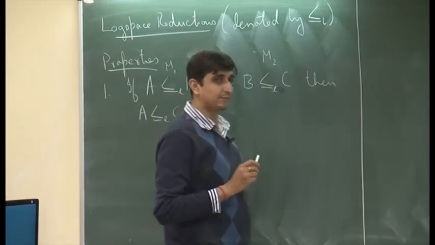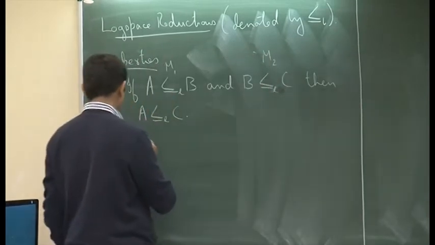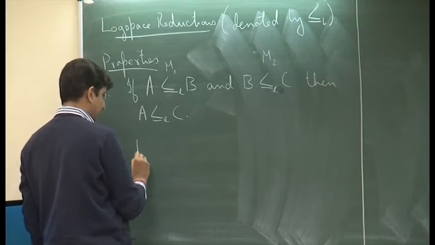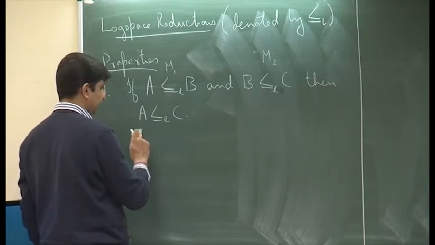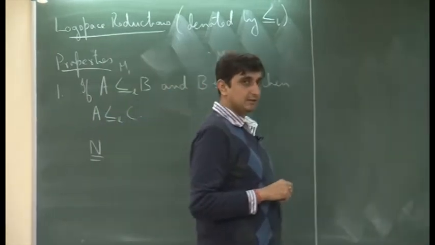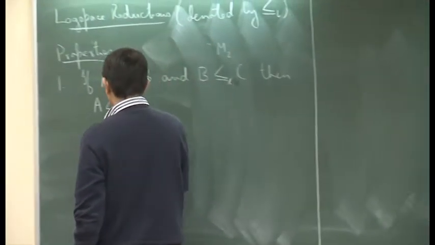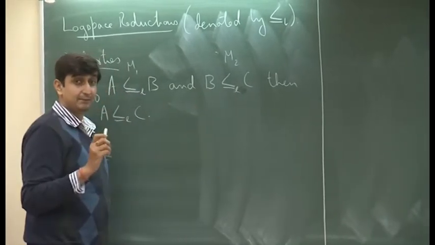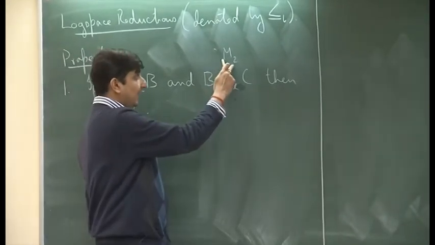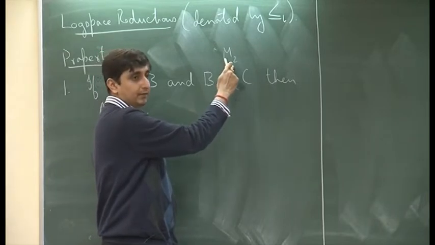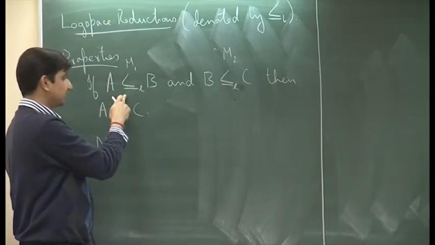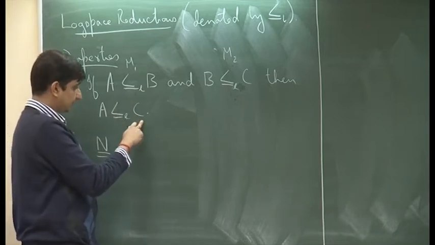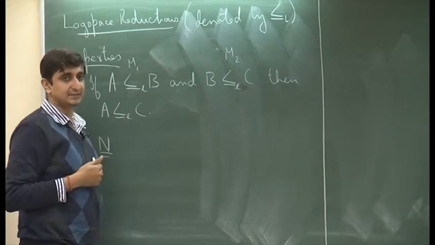You have to be a little bit careful over there. Suppose we want to build a new Turing machine N which computes this reduction, and it simulates M1 on one tape and M2 on the other tape. But you have to be a little bit careful because we do not have the input of M2. You are given some input x which belongs to language A, and you have to compute an instance y which belongs to language C.